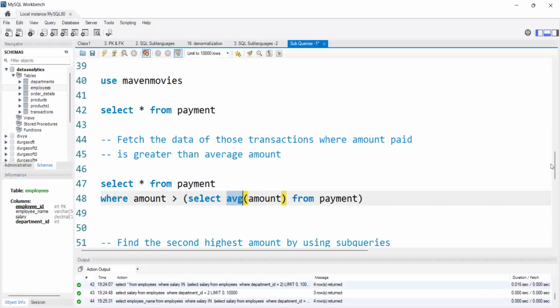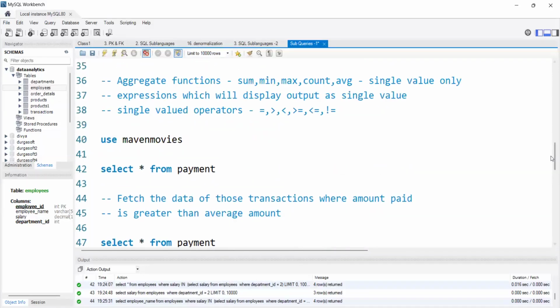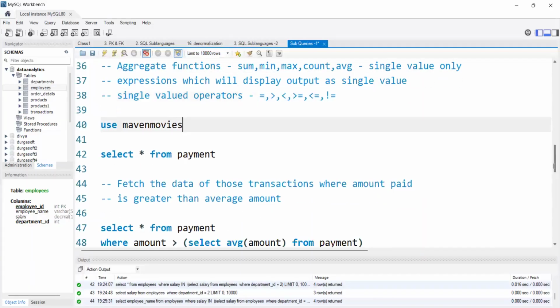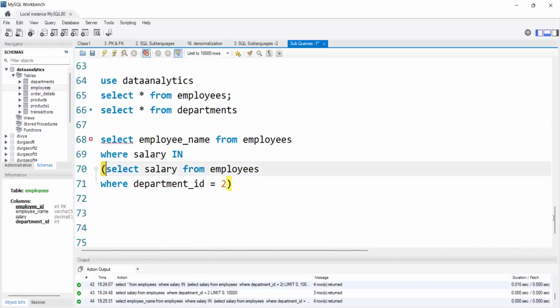As we are getting a one-valued output, to compare with the given question we will use these operators. That is the reason I mentioned that along with aggregate functions in single row subqueries, we use these operators to compare one value. In multi-row subqueries, whenever we execute the subquery, we will get multiple rows as the output.